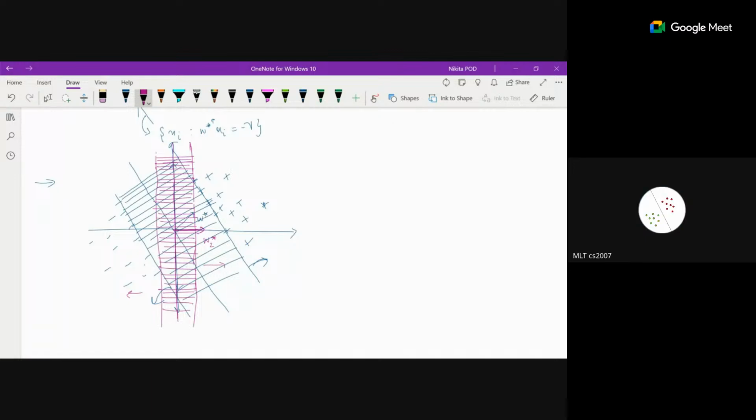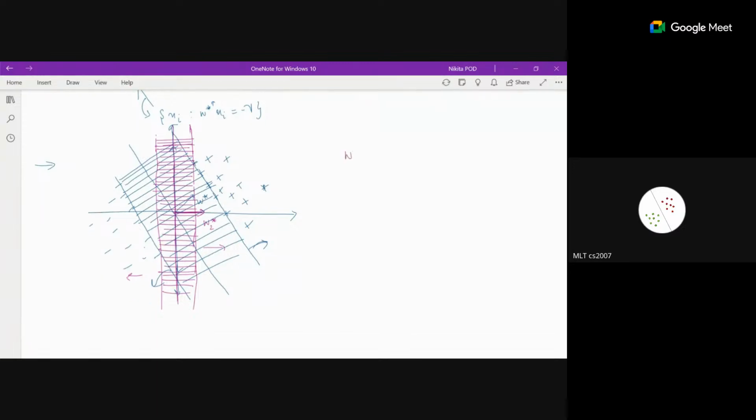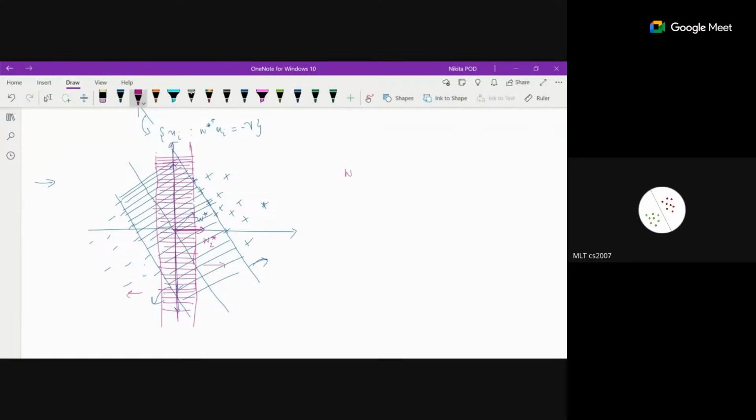So if we had two such W's, but with different gamma margins, then the W with the higher margin would be more preferable, because in that case the mistakes that we make will be fewer. So here we can say that W star would be preferable.